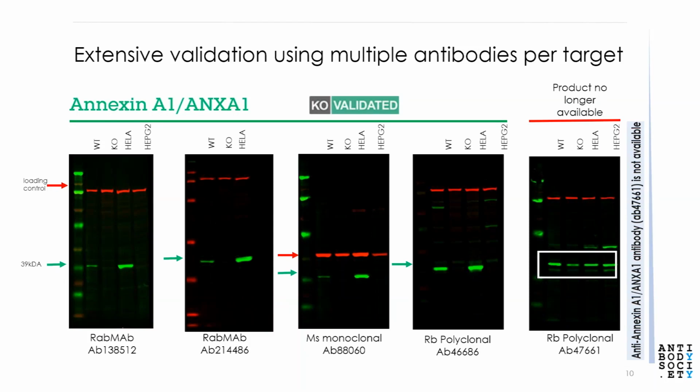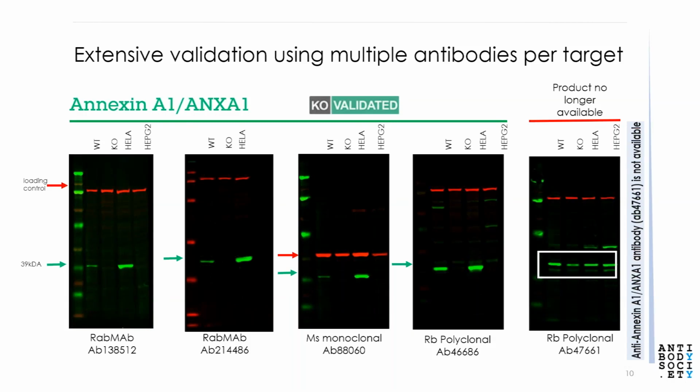In this particular case, we have 5 antibodies to annexin-1, and this technique is really allowing us to confidently identify the antibodies that have specificity, as well as the antibodies that have off-target binding, as is the case here with a rabbit polyclonal against annexin-5, which showed off-target binding effects and has now been removed from the catalog. This product is no longer available in the catalog.